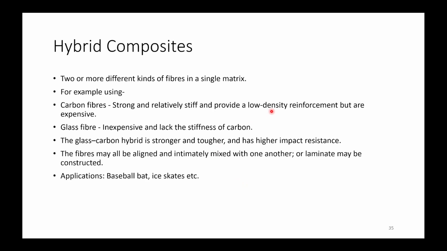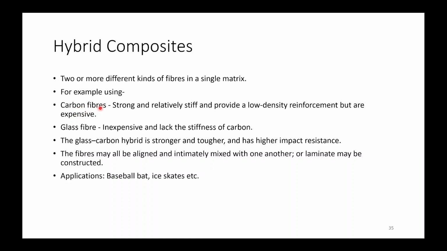Hybrid composites. Now, two or more different kinds of fibers in a single matrix. For example, these different types of fibers have certain drawbacks and certain advantages, so these all will be combined.